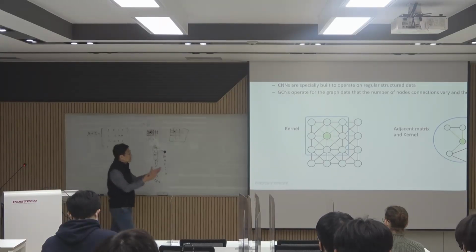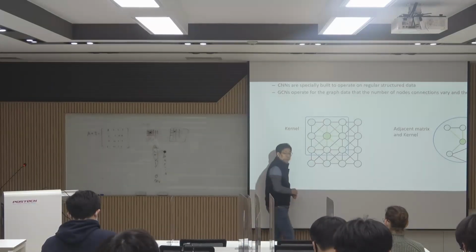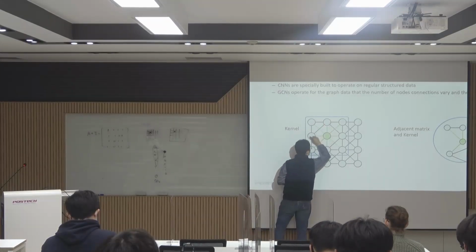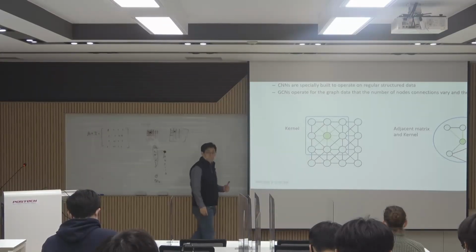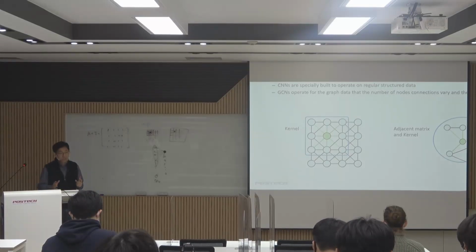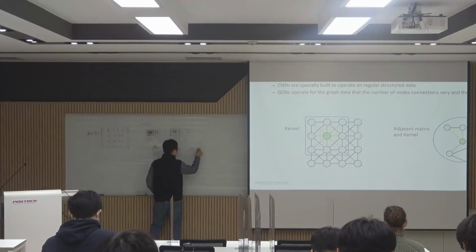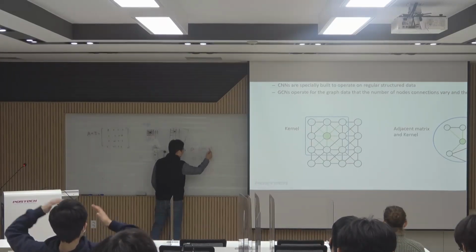So you can see the pixels as another graph representation. Each pixel is like a node, and they are connected. So an image is a very special case of a graph. All the nodes are in a grid and connected like that.